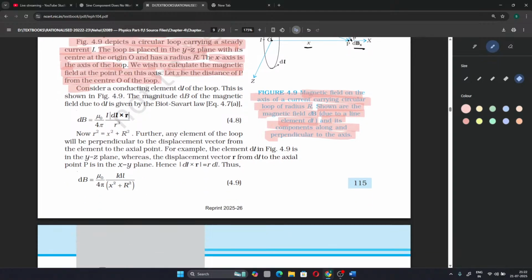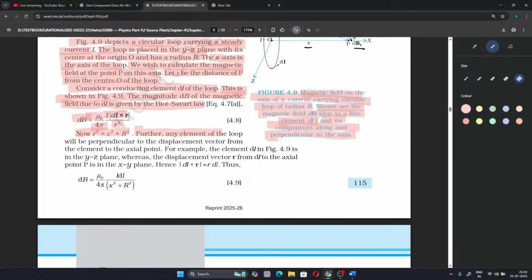Consider a conducting element dl of the loop, as shown in the figure. The magnitude dB of the magnetic field due to dl is given by the Biot-Savart law, which is dB equals mu naught by 4 pi, I dl cross r by r cube. Now r square is equal to x square plus R square based on the Pythagorean theorem.